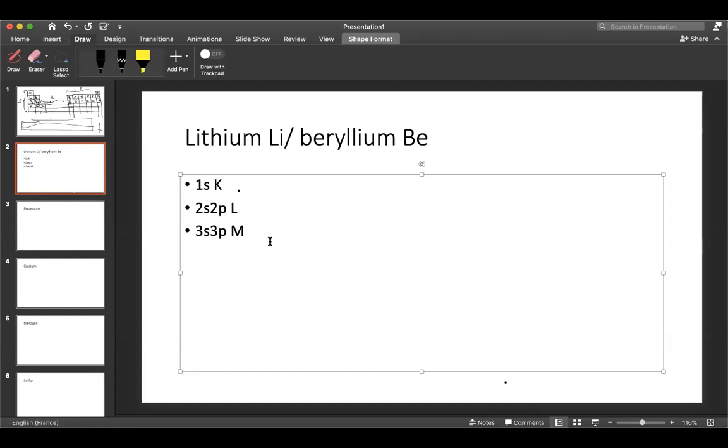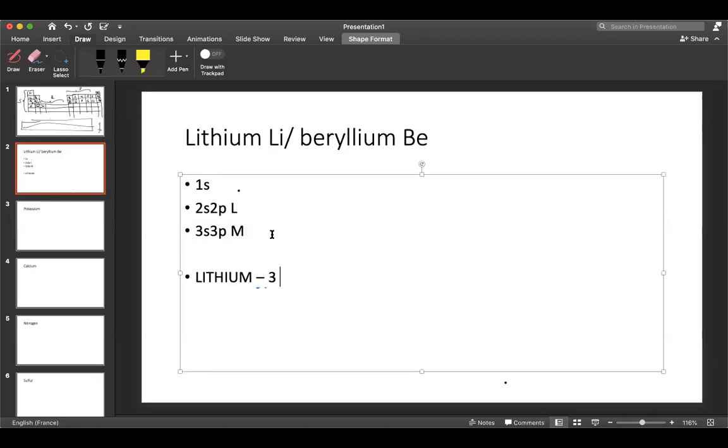Yes, it is. Okay. So now our example is lithium. If we were to configure lithium, it has an atomic number of how many?